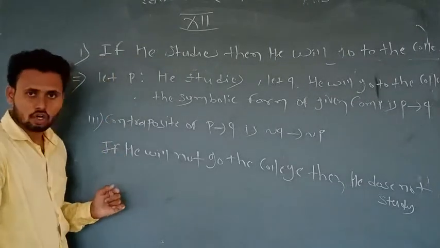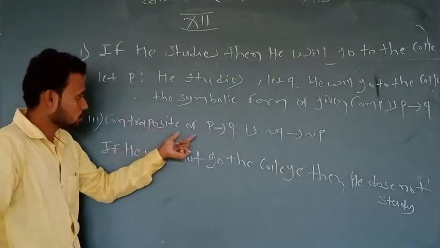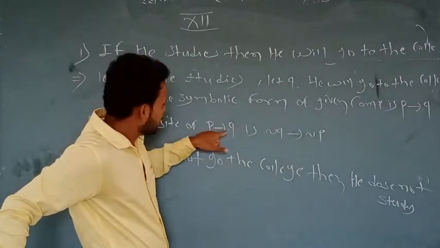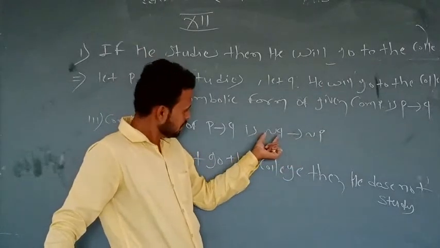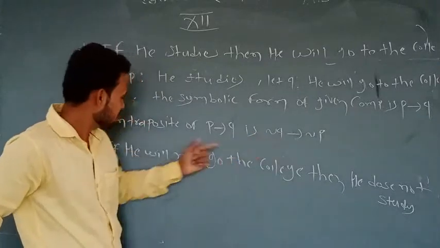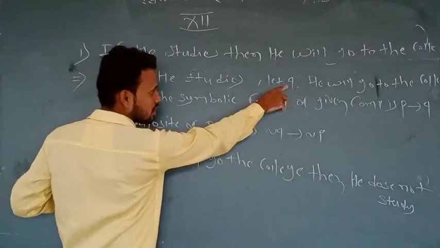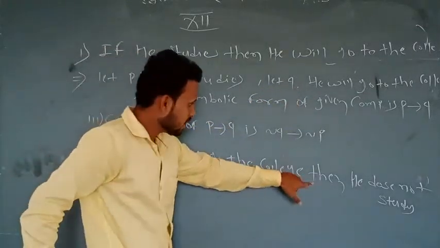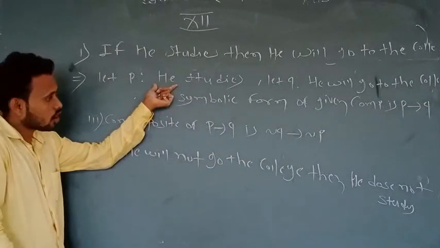What is the contrapositive? The contrapositive of P implies Q is negation of Q implies negation of P. This statement pattern denotes: if negation of Q, then negation of P. Therefore, in terms of sentence: if he will not go to the college, then he does not study.